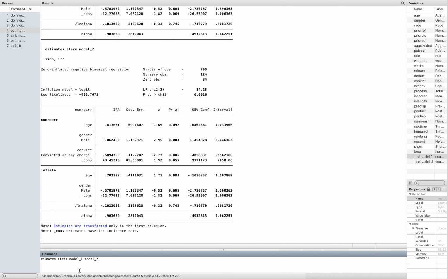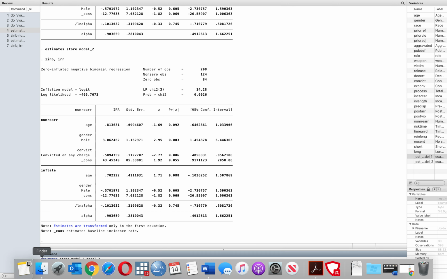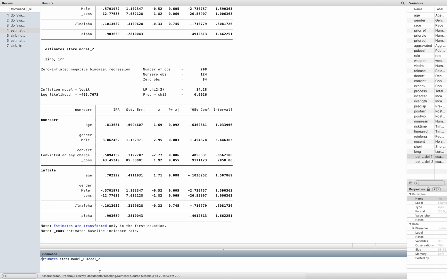If you do the command estimates stats, model 1, because that's what we called our first model, the negative binomial regression, and model 2, which is the zero-inflated negative binomial regression. We're comparing them with one another. So estimates stats, and then whatever you called your two models, put those in here.